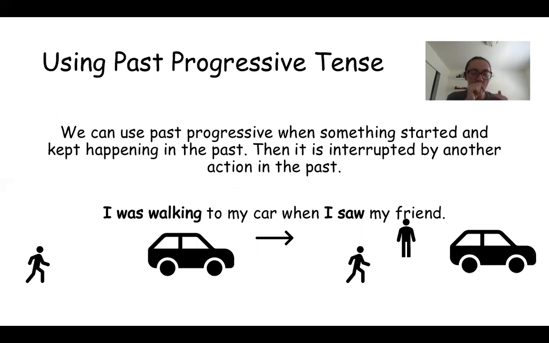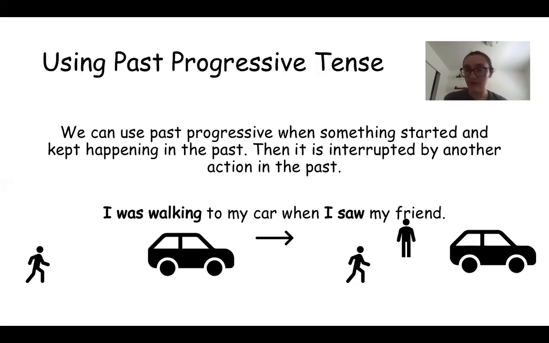Now, using past progressive tense. So I showed you how to make it, right? And a lot of native English speakers will use the past progressive a lot when they don't really need to. They can use another tense to talk about it.